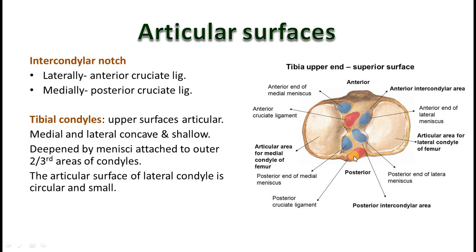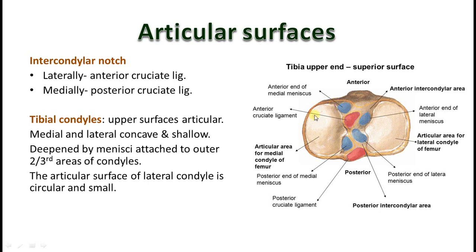Now, very simple. If you look at the two horns of the lateral meniscus, they are present within the limits of the two horns of the medial meniscus. So after the anterior horn of medial meniscus comes the anterior horn of lateral meniscus, and before the posterior horn of medial meniscus, the posterior horn of lateral meniscus. So both the horns of lateral meniscus are within the limits of the medial meniscus.